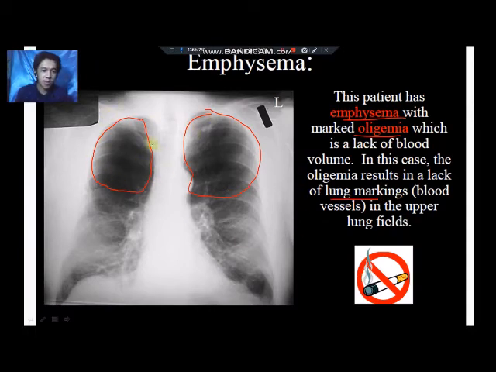Normally, these lung markings appear as whitish, vein-like structures. Again, the primary risk factor is smoking.